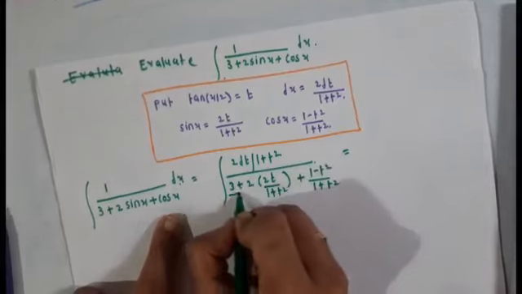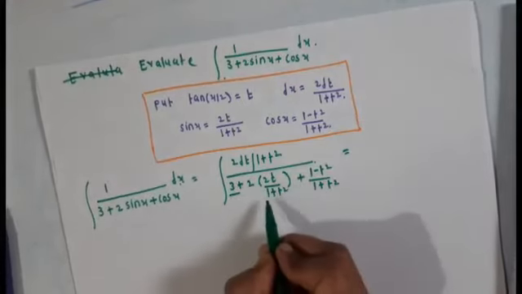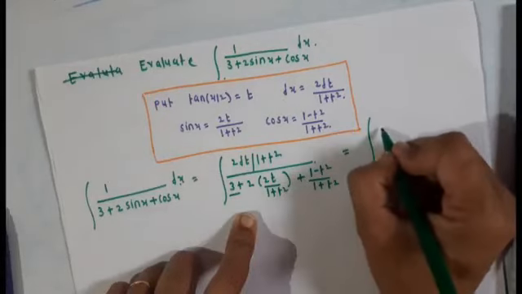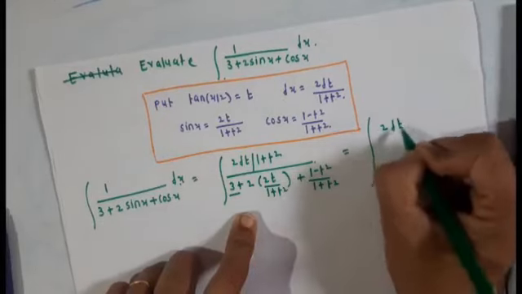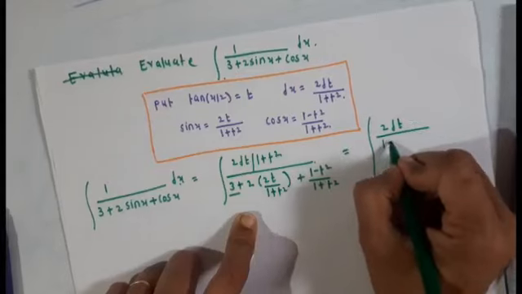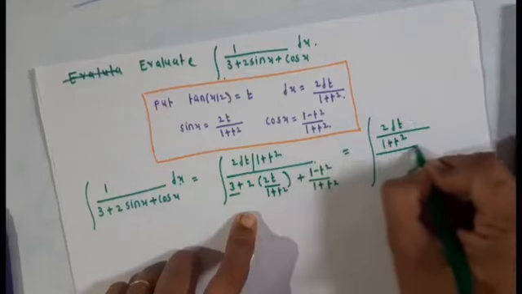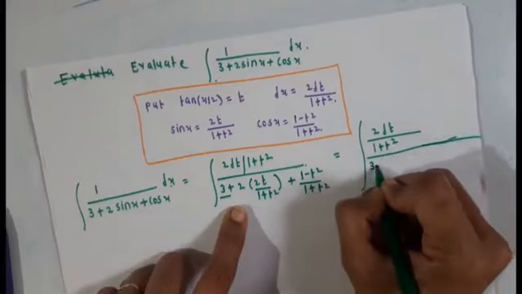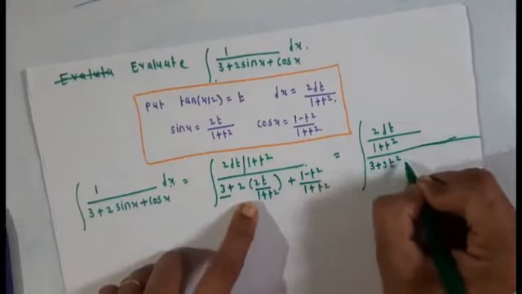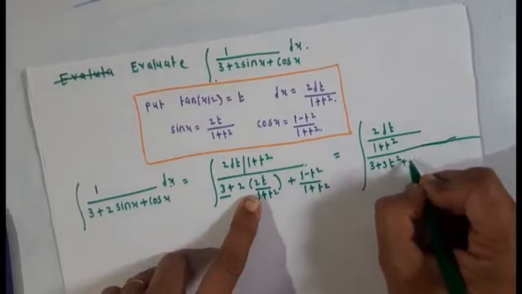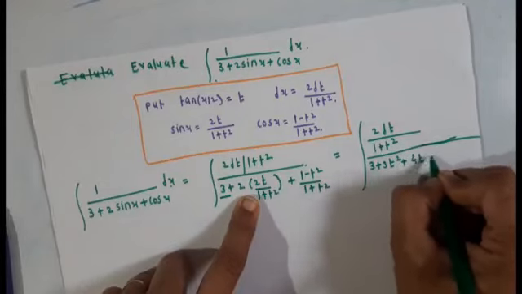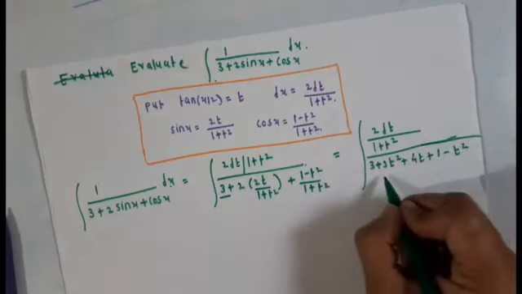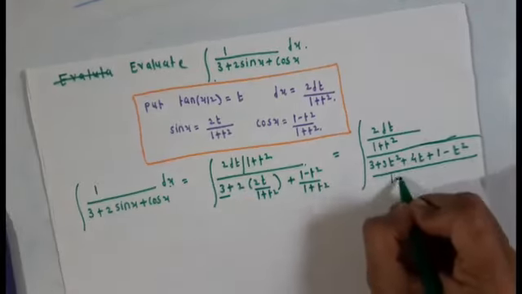Okay students, at the denominator take LCM as 1 plus t square. So this is integration of 2 dt upon 1 plus t square divided by 3 plus 3t square plus 3 into 2 into 2, that is 4t, plus 1 minus t square, and divided by 1 plus t square.